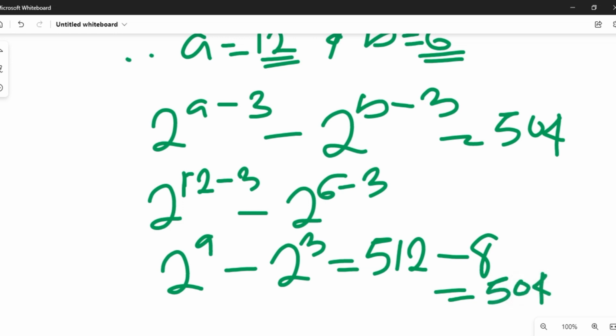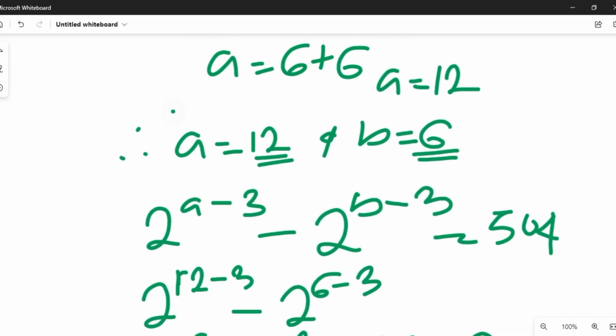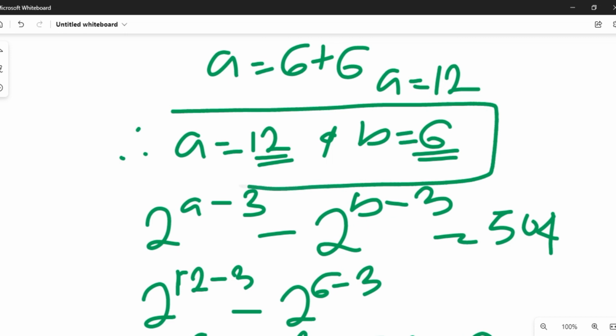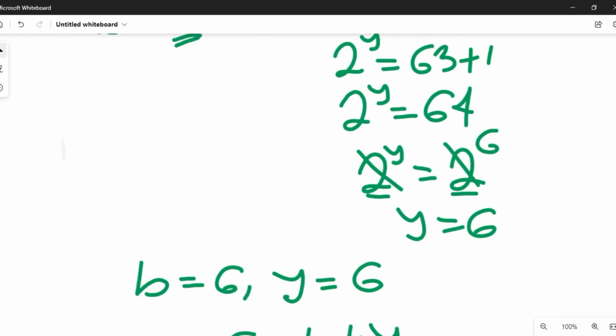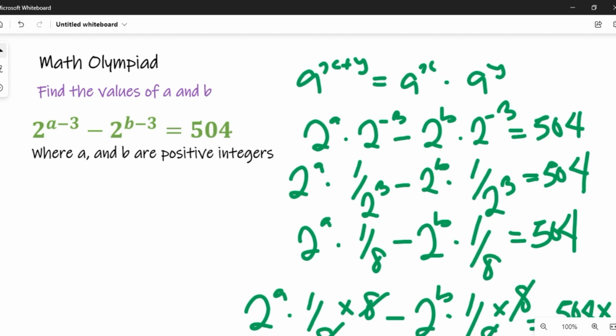Voila! That tells us that this solution we've gotten for the value of a and b, which are positive integers, is the correct solution for that exponential function we've been given at the initial part of our solution.